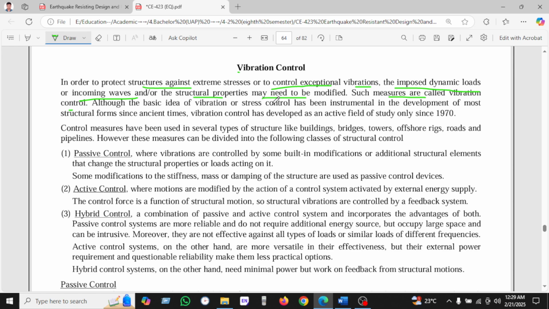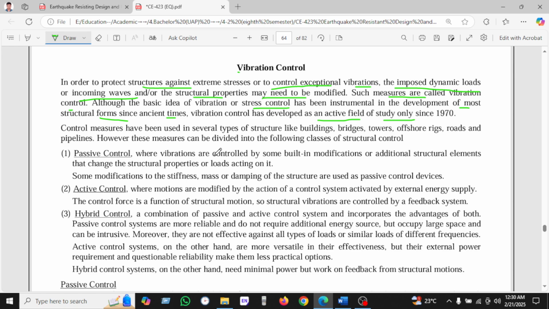Although the basic idea of vibration control or stress control has been instrumental in the development of most structural forms in ancient times, vibration control has developed as an active field of study only since 1970.